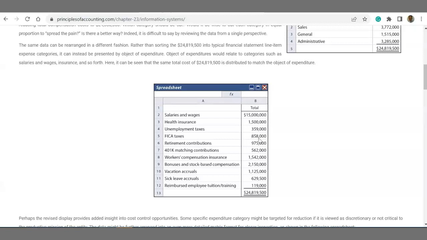FICA is again half of the Social Security and Medicare. Social Security, half of it is 6.2%. Medicare, half of it is 1.45%. So it's about 7.65% combined, 6.2 plus 1.45, right? You do the math.